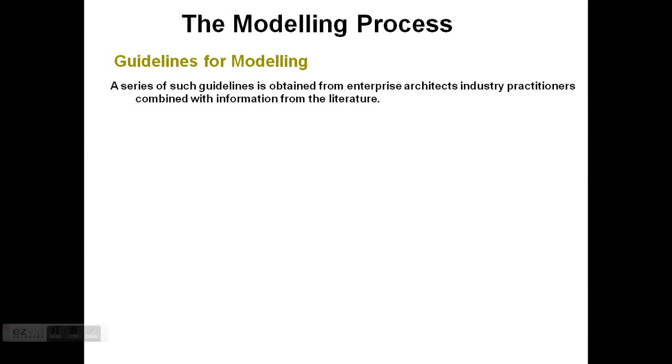If you apply these maxims, they will help you create models that include appropriate details given the modeling goal and the target stakeholder. Apart from the enterprise architect, possible stakeholders include managers, CIOs, CEOs, software developers, and business process designers.